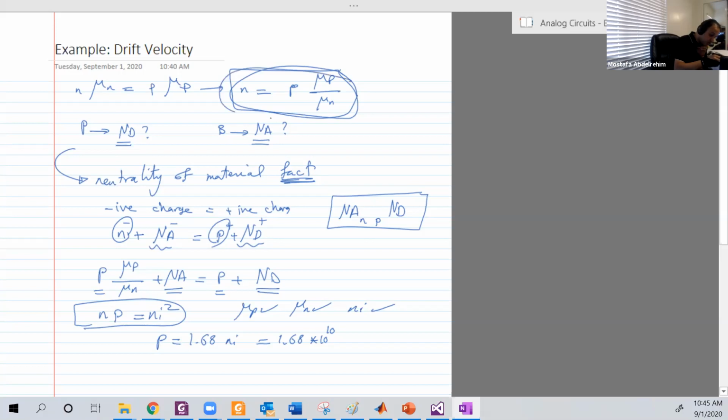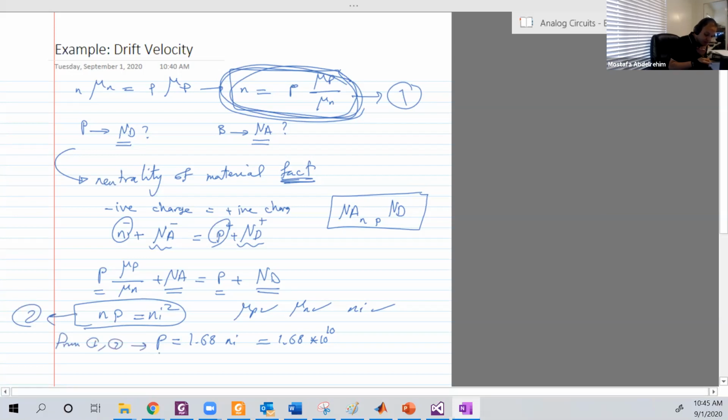So from these two equations, this one, let's call it 1, and from 2 here, from 1 and 2, we get B equal to this amount. So B is now known in this equation.